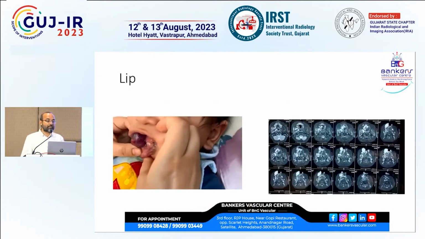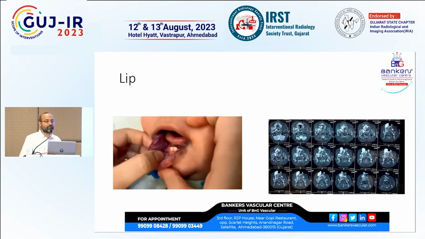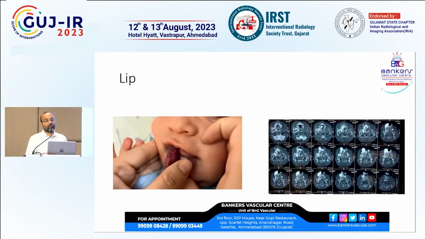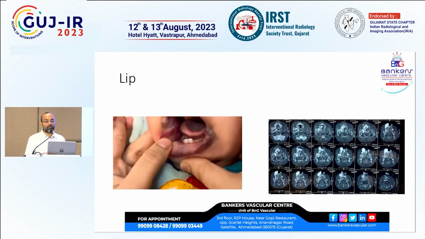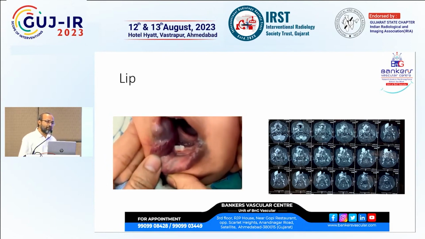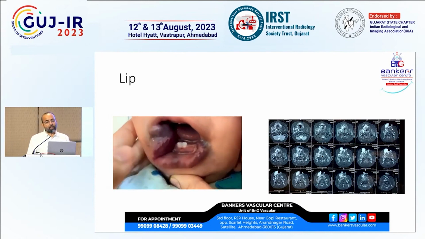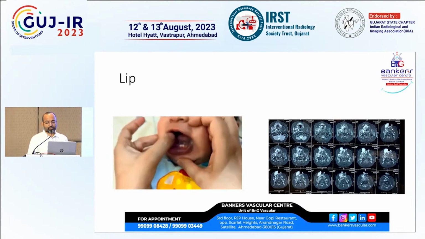Now there is a second case. You can see over here, there is a small boy and he has a vascular malformation involving the lip, some facial muscle, and also half of the tongue is involved. He comes regularly every month from Delhi for treatment, and he has an extensive malformation.